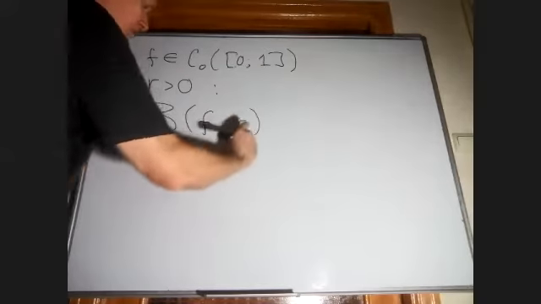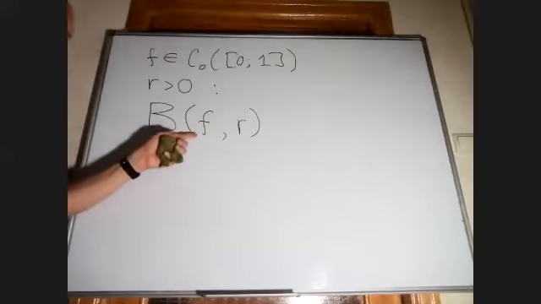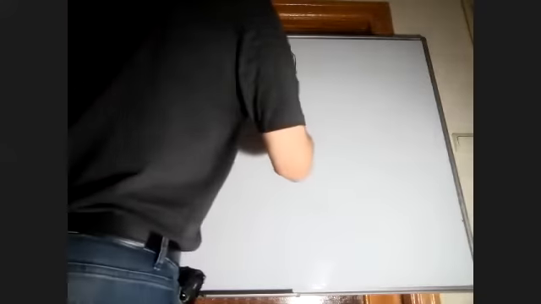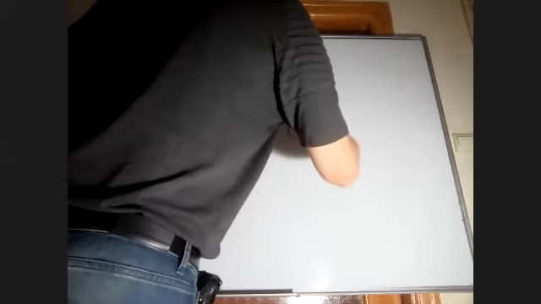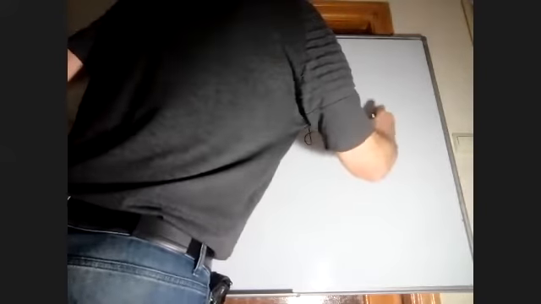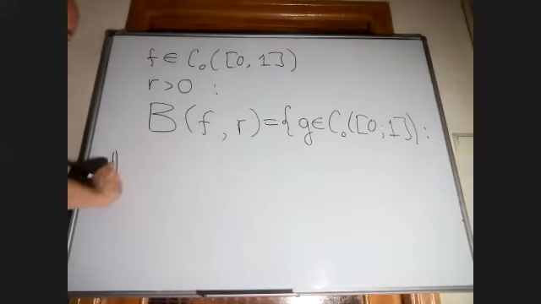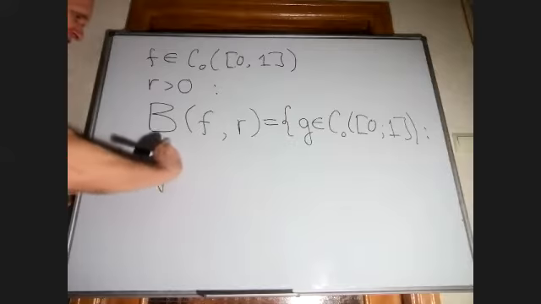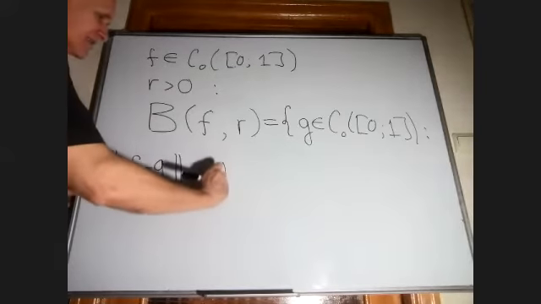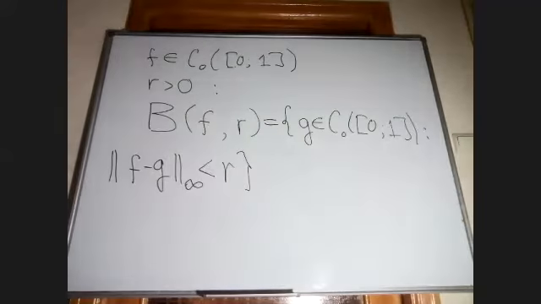This is a ball with the center in f and radius R, which is such functions g from C_0[0, 1] that the norm of f minus g, infinity norm, is less than R. This is maybe one of the simplest sets which arise when we begin to study metric spaces.